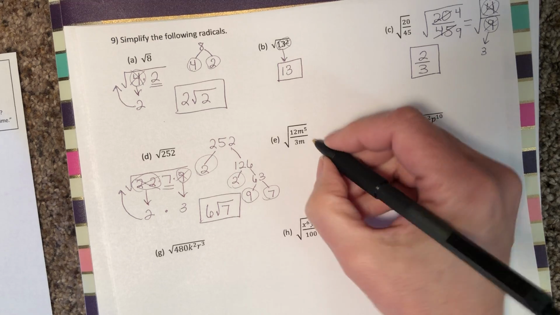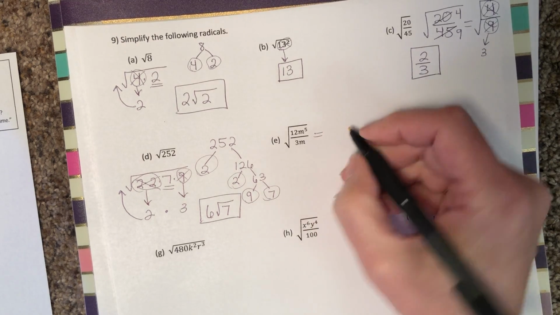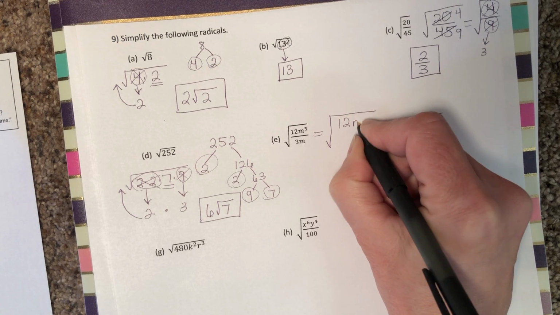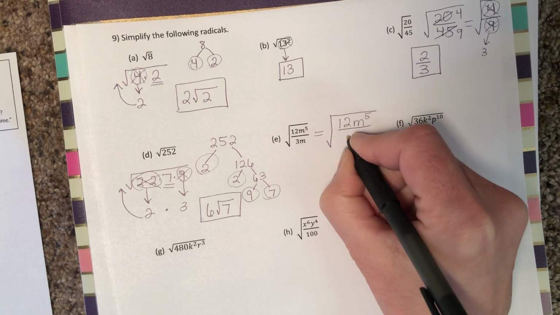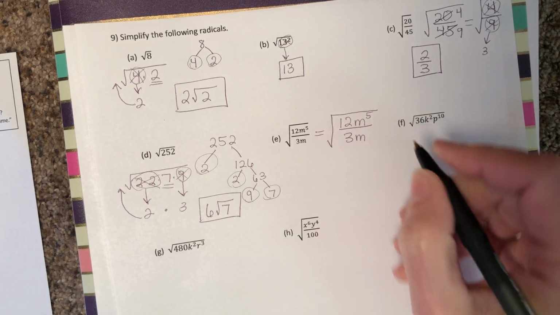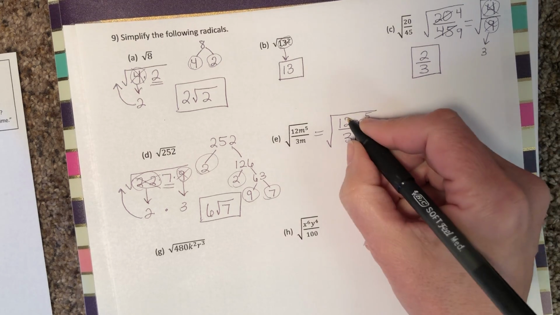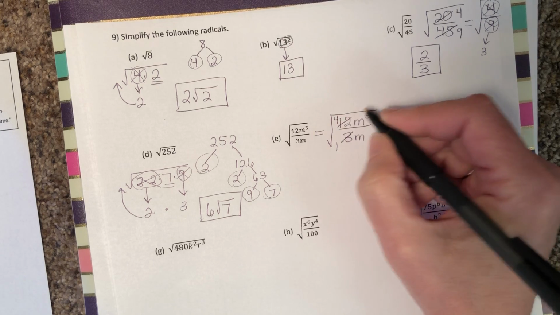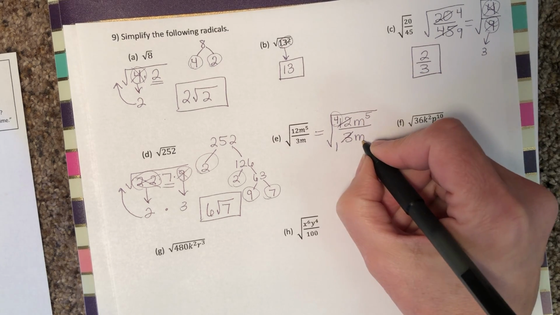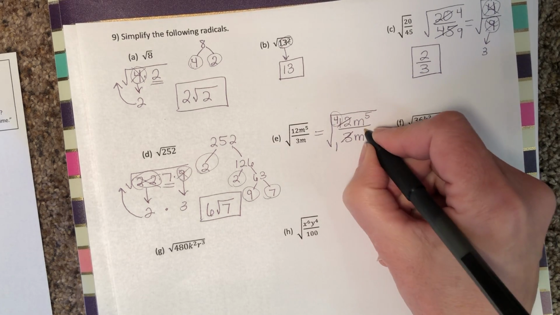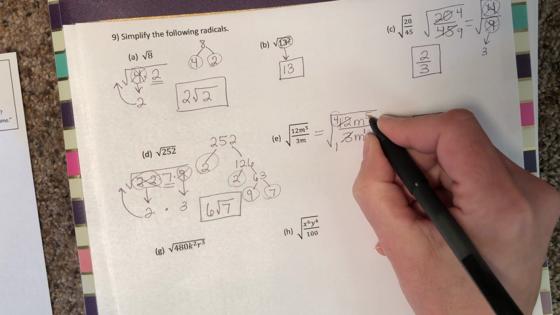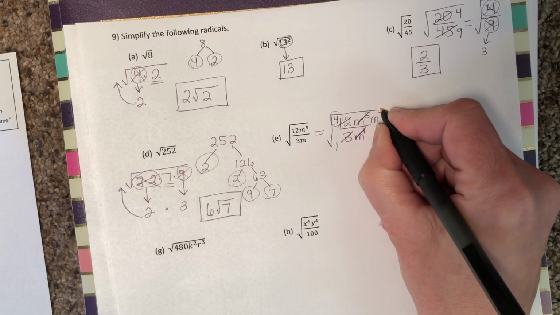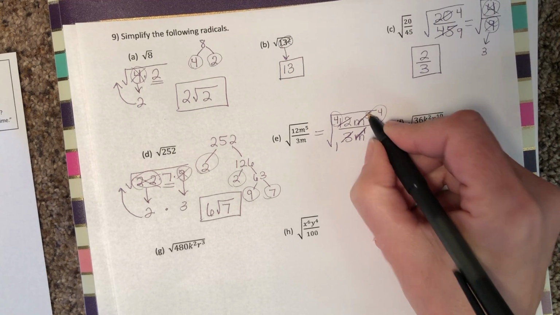On E, I'm going to write this a little bit bigger: 12m to the 5th over 3m. I can divide the 12 and the 3 by 3, and I get a 4. Circle that. And I can cancel this m out of these 5, and I leave m to the 4th on the top. Or you can subtract the exponents, 5 minus 1.